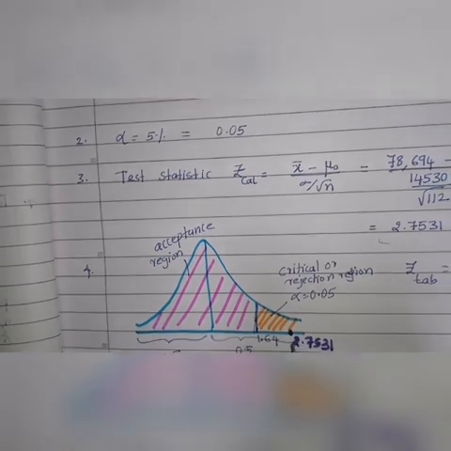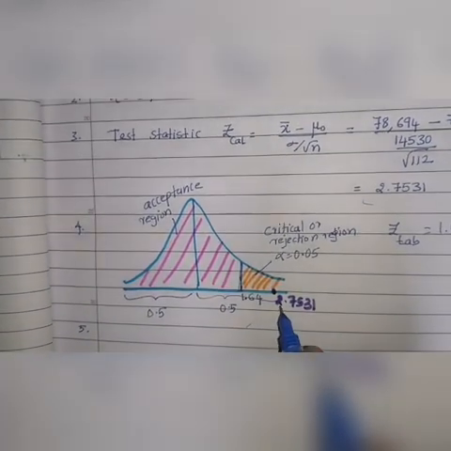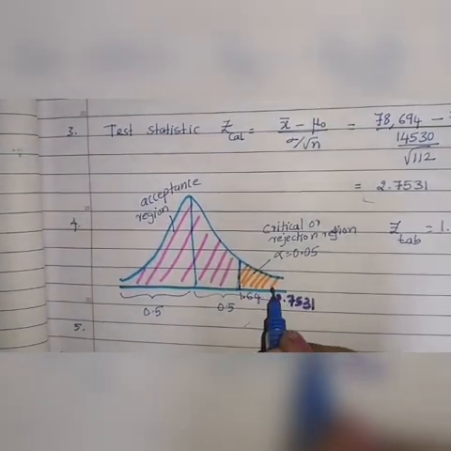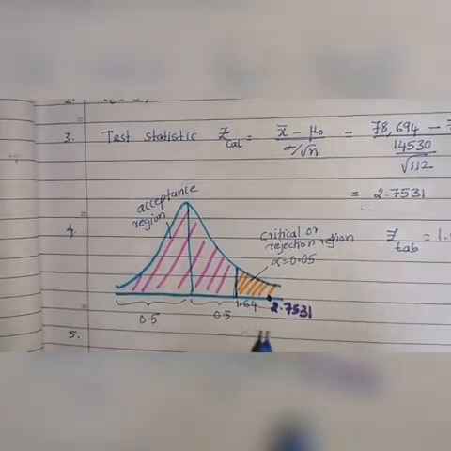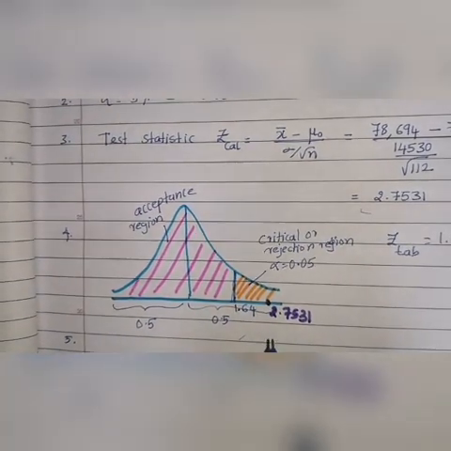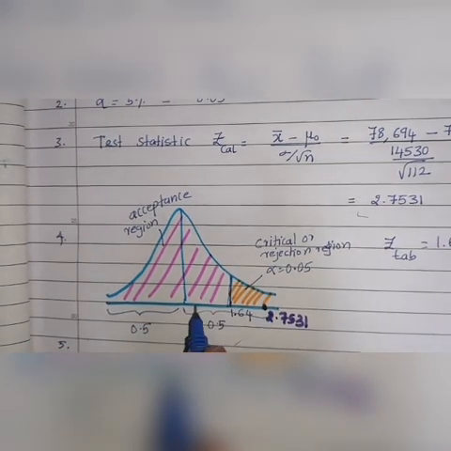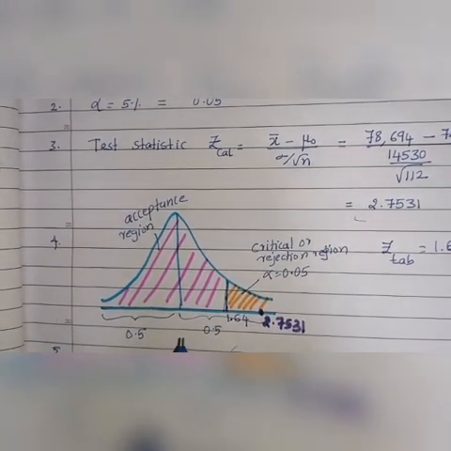Now since the value of the test statistic is falling in the rejection region, we reject the null hypothesis. If it is falling in the acceptance region, we accept the null hypothesis.